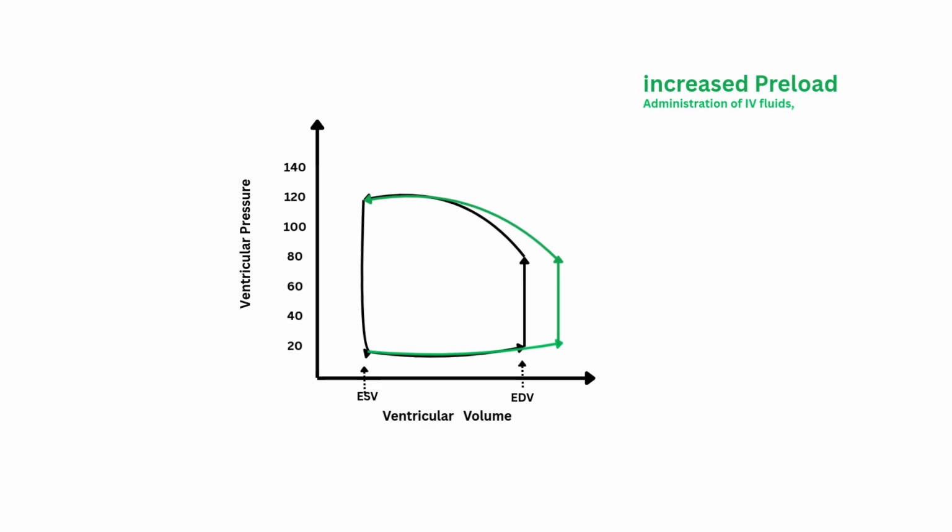So you fill the heart more, leading to a higher volume at the end of diastole, hence an increased end diastolic volume. And the reverse occurs when preload is decreased. The loop compresses on the x-axis because less volume ends up in the ventricles at the end of diastole. Hence, end diastolic volume is lower than normal.